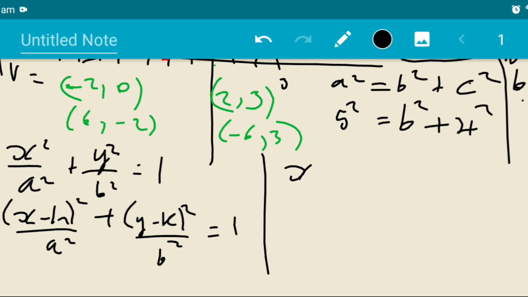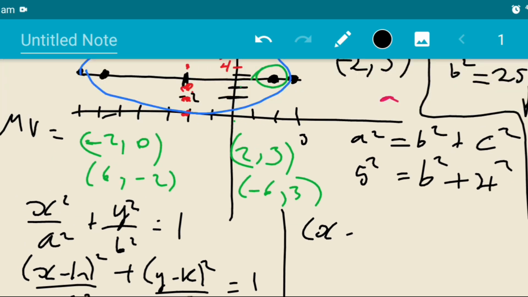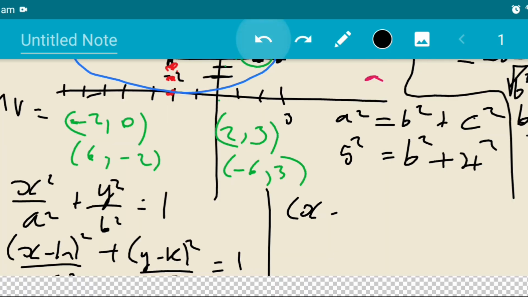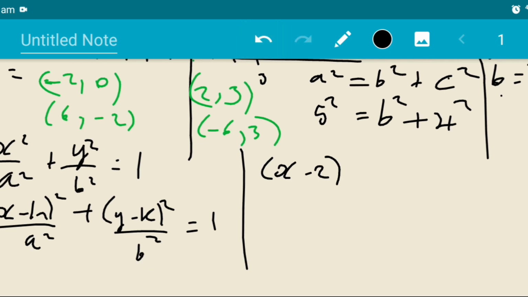So this is x minus h, there would be -2, because we're moving 2 units to the left. So that's -2.